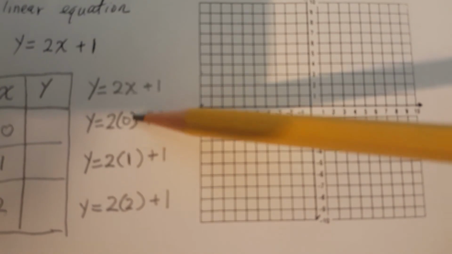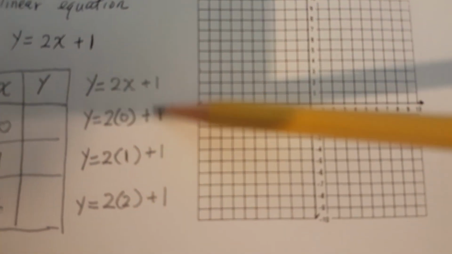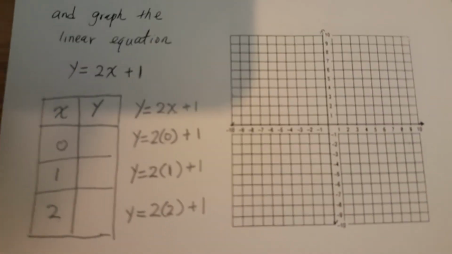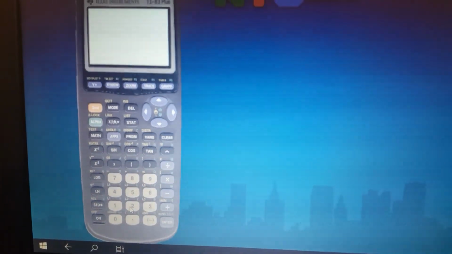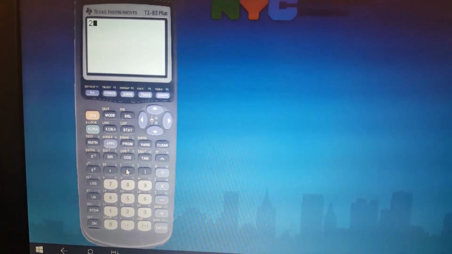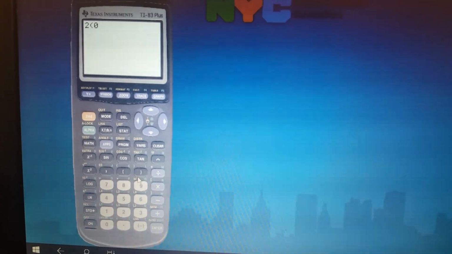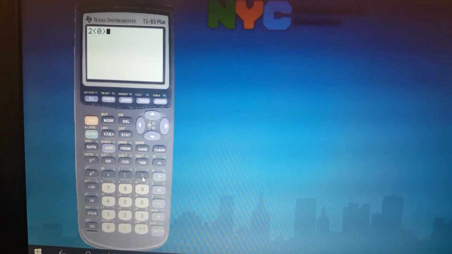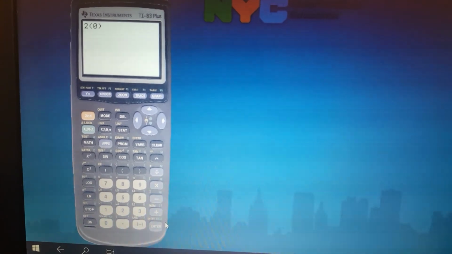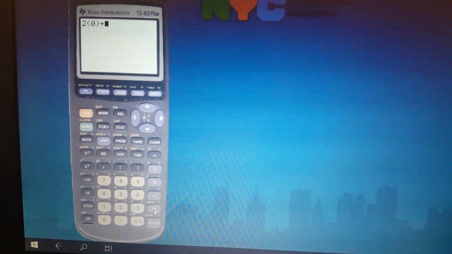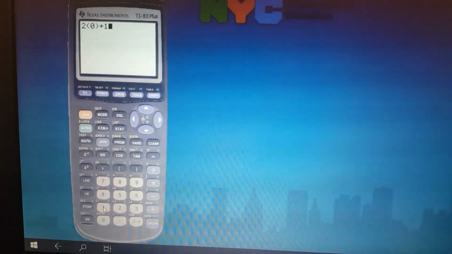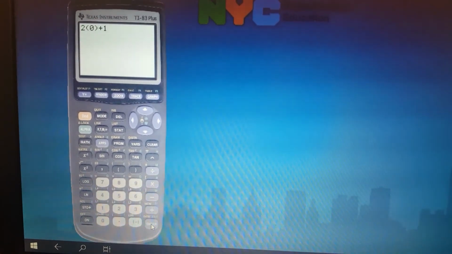If you look at the question that we have over here, 2 parentheses 0 close parentheses plus 1, I'm going to type this into the calculator on the computer. I click on 2, the parentheses button, and 0, and then parentheses, and then plus 1, and then enter.